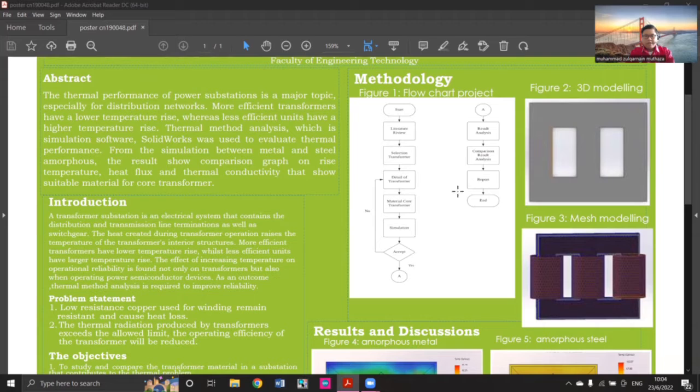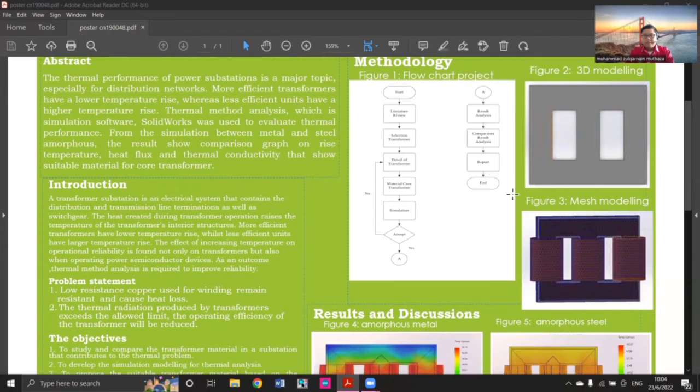If the simulation is good and the graph matches the actual one, the result analysis will come out. From the result of the two materials, I will compare the graphs and do the analysis. Then lastly, all the analysis will be in the report.